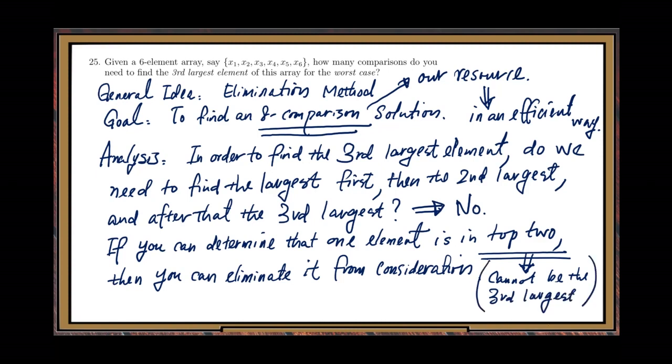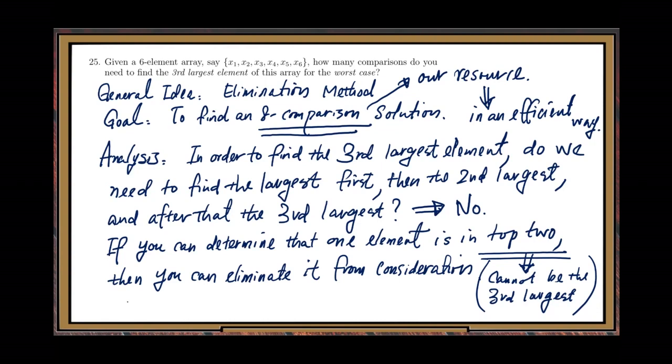But you just determine it's in top 2, but you do not know if it is the largest or second largest. We do not know that. That's possible, just among the top 2. Is there such a situation? Yes, there is a concrete example.